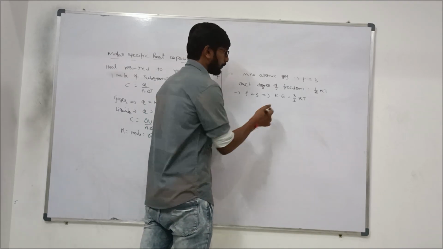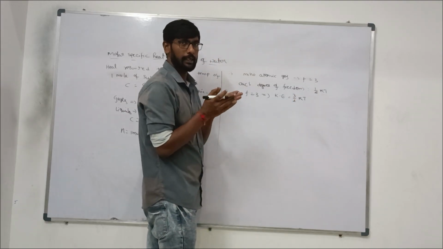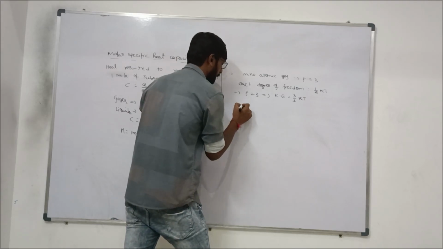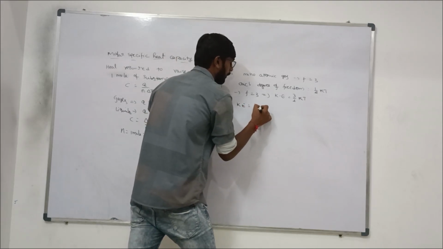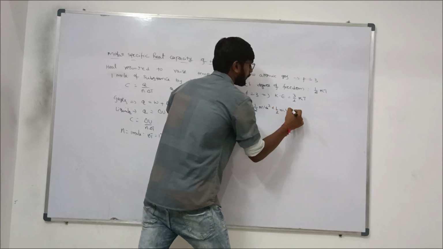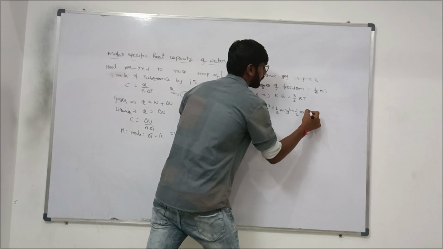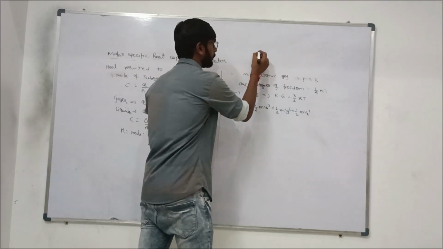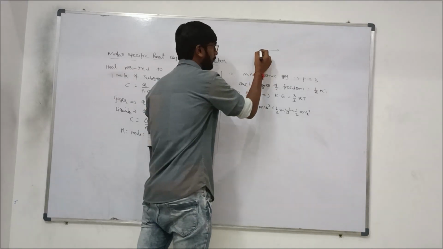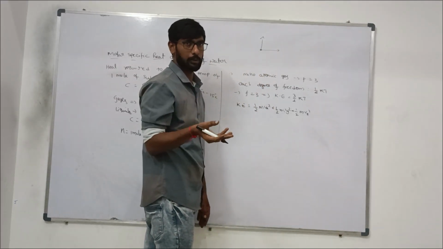But see, degree of freedom is how many kinetic energy terms are there in the energy equation. For a monoatomic gas, the kinetic energy will be half m vx square plus half m vy square plus half m vz square, because a gas molecule can move along the x-axis, y-axis, or z-axis with equal probability.